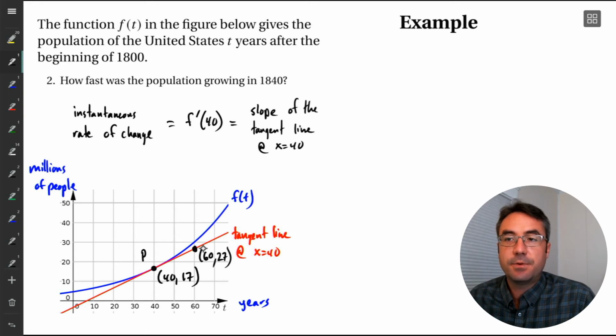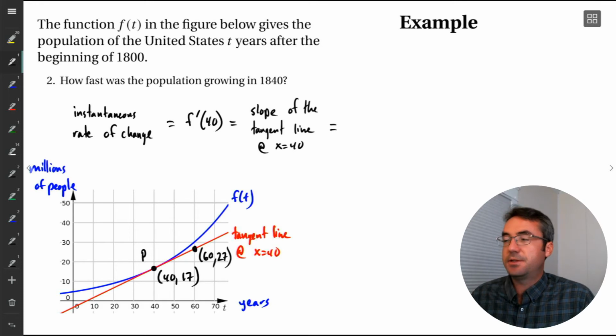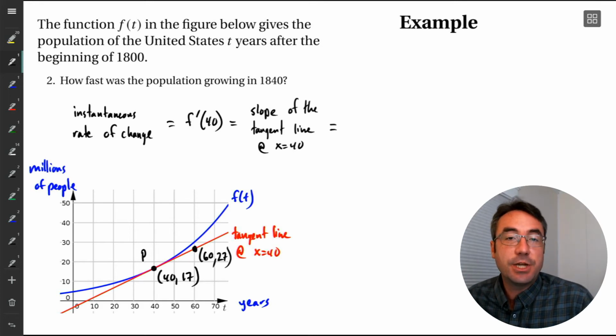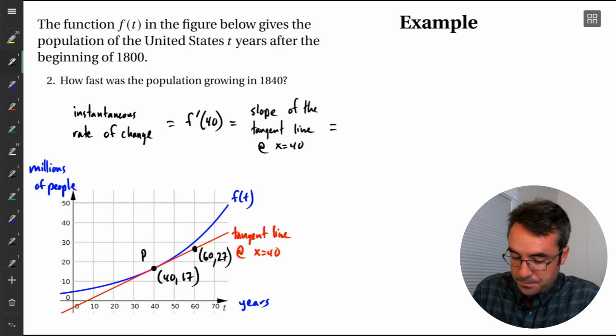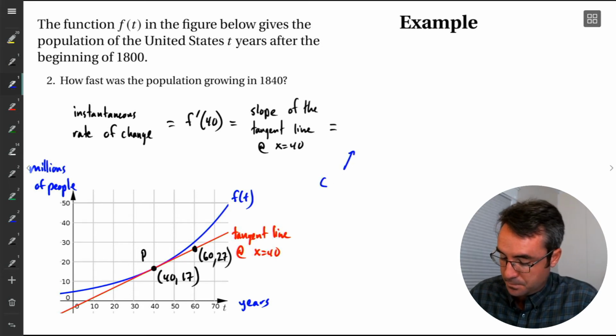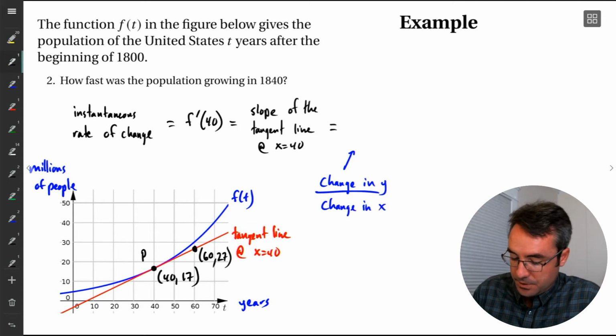And then we want the slope of this line connecting those 2 points. So it's just the change in y over the change in x. So what's the change in y?